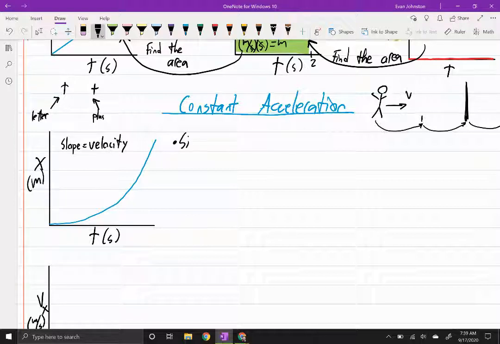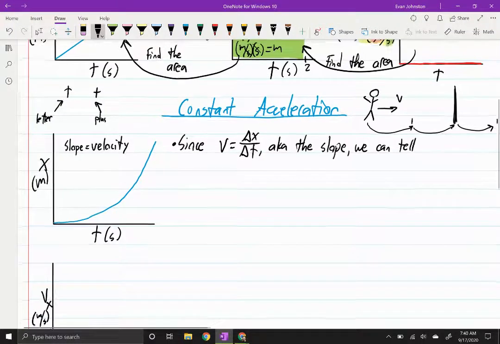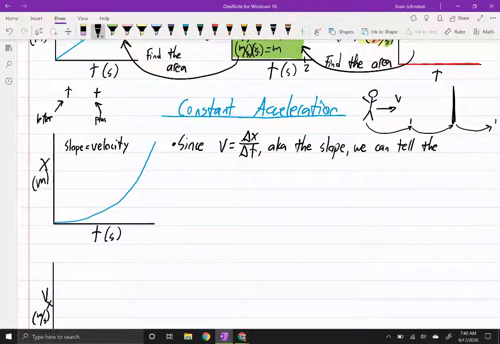So I would say that since velocity is the change in displacement over the change in time, aka the slope, we can see the object is accelerating.